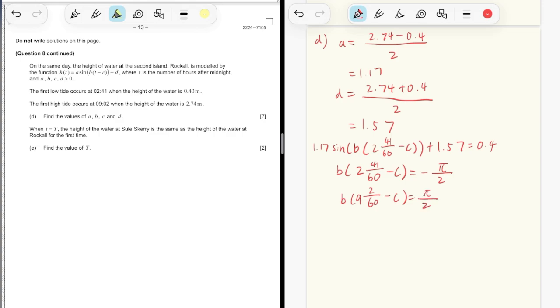And then we could solve these simultaneously, where 241 over 60 minus C over 2 over 60 minus C equals negative 1.